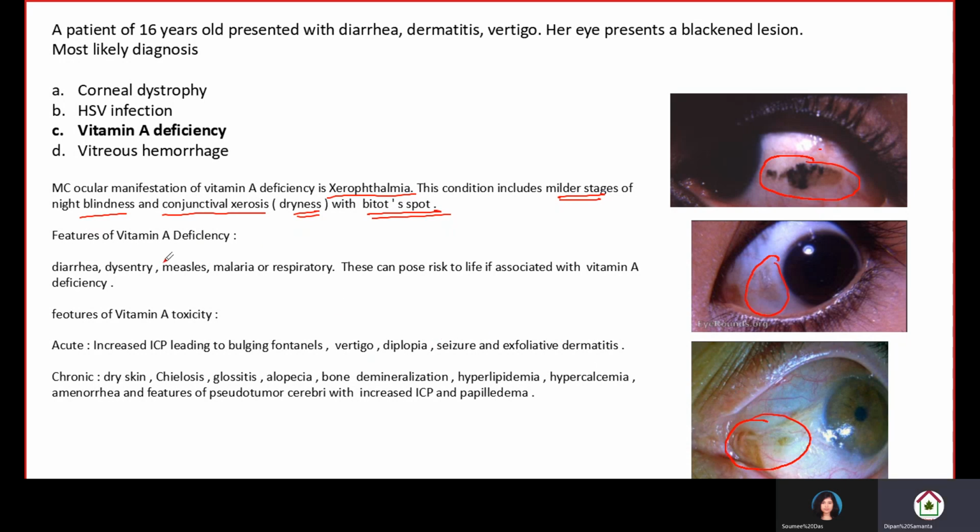So features of vitamin A deficiency: there will be diarrhea, dysentery, measles, malaria, respiratory symptoms. This can pose risk to life if associated with vitamin A deficiency.